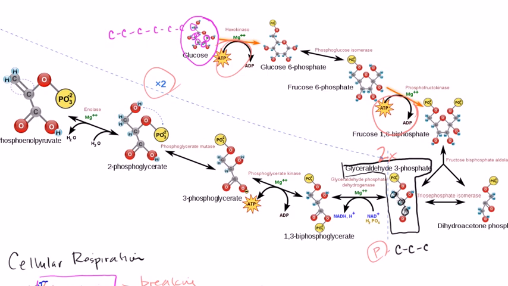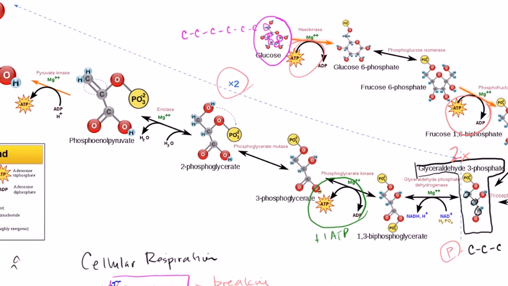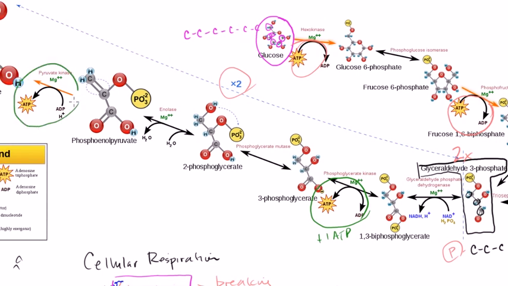And for each of the glyceraldehyde 3-phosphates, or PGALs, or phosphoglyceraldehydes, we can look at the mechanism. And say, okay, look here. There's going to be an ADP turning into an ATP there. So this is plus 1 ATP. And then we see it again happening here on our way to pyruvate.